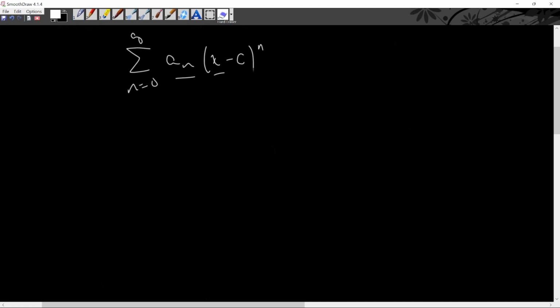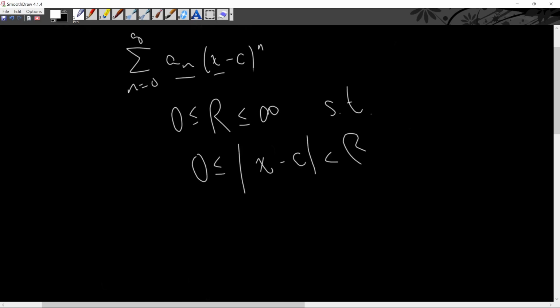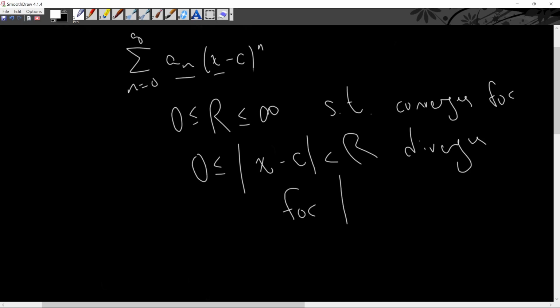And we'll assume that this is true, there exists an interval such that r is in between 0 and positive infinity, such that for 0 is less than or equal to the absolute value of x minus c is less than r, then the series converges, and diverges for the absolute value of x minus c greater than r.